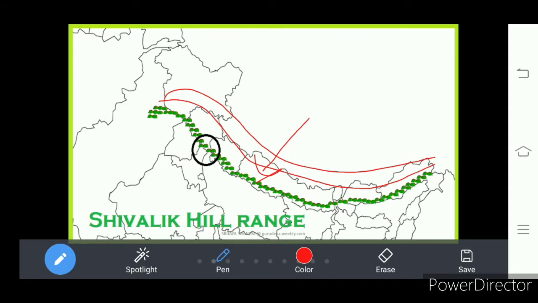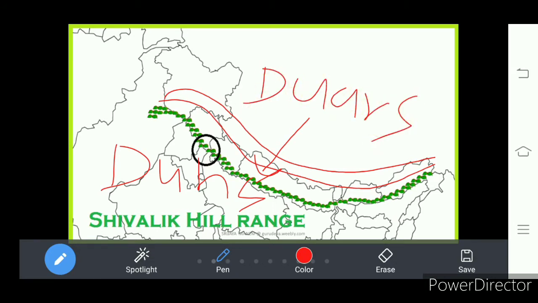When lakes dried up in the Shivaliks, they turned to duns and duars. Another is formed to the east of the Shivalik ranges, that is Duars. To the east side, Duars, and to the west side, duns are formed.